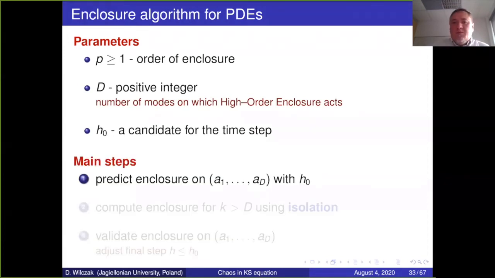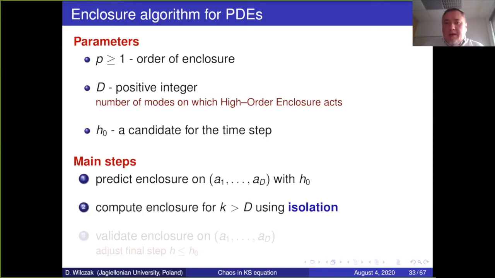And then what do we do? First of all, we try to find some candidate for enclosure on the main modes for the time step H0. This is as we do for ODEs in finite dimension. Then we try to enlarge a little bit the tail so that we have inclusion on this tail, okay? Because of the dissipation, if d is large enough, of course it is known and fixed, but probably we can enlarge this tail so that we have inclusion.